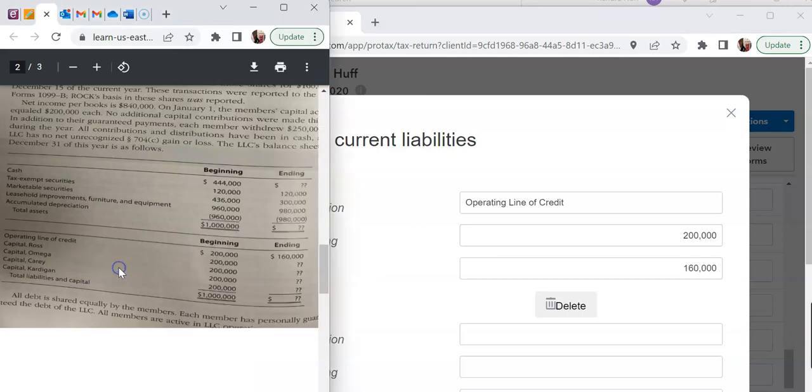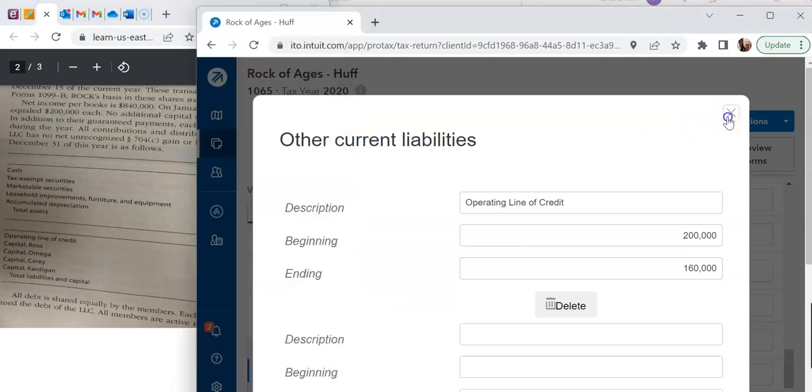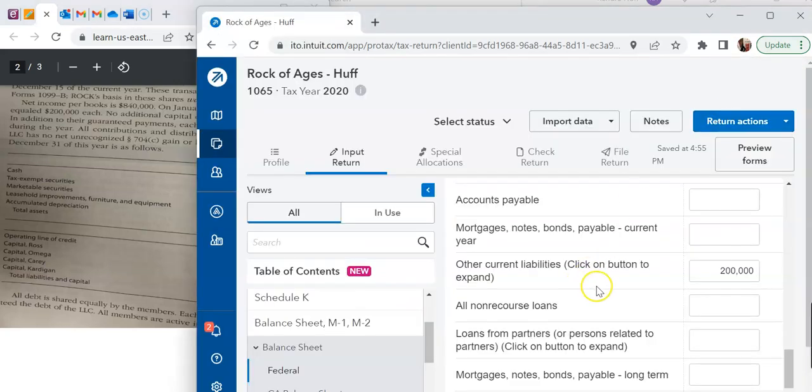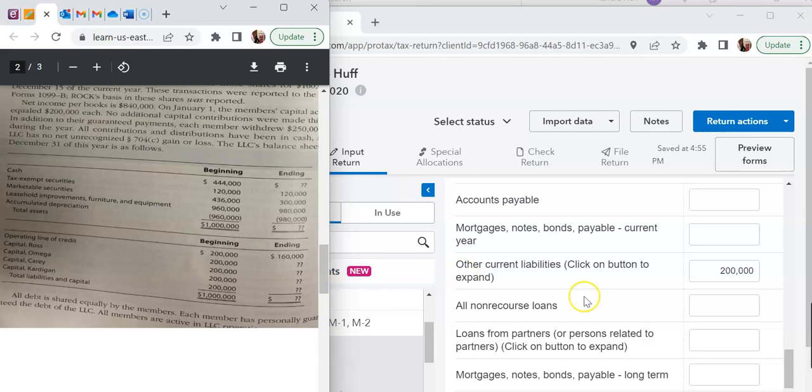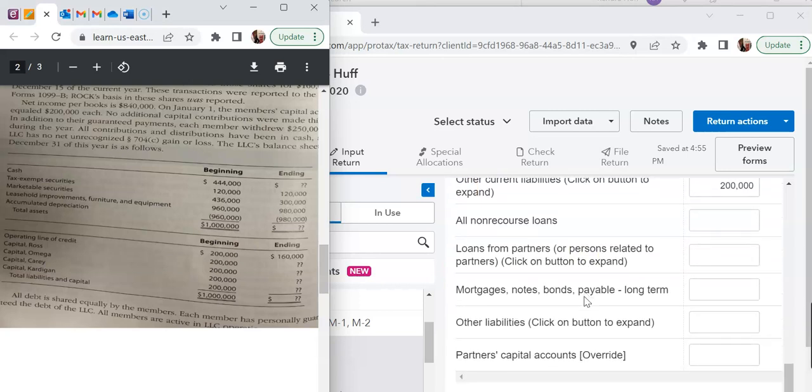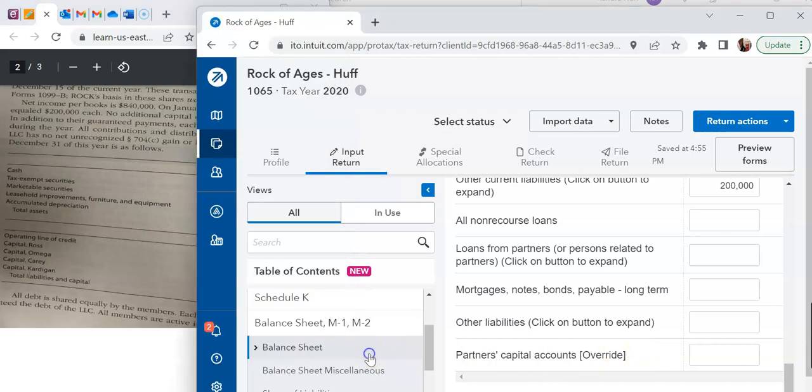I'm doing it the right way, right? Yes. Okay. And capital 200,000 for everybody. I may have to put that in somewhere else. Let's go see.